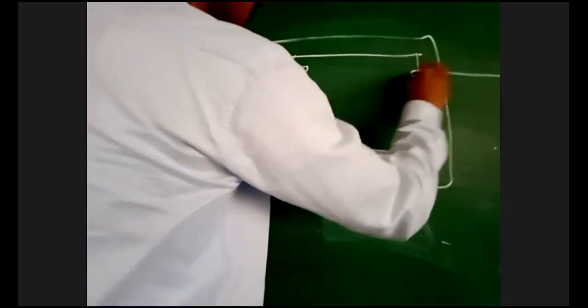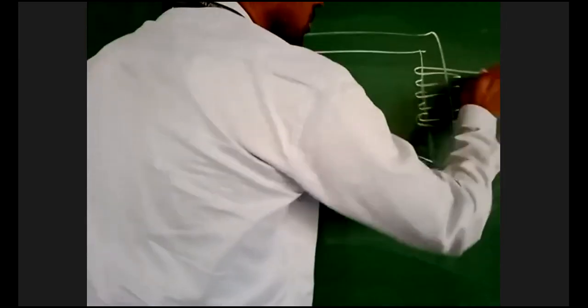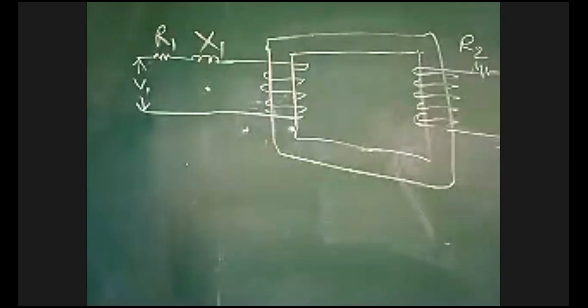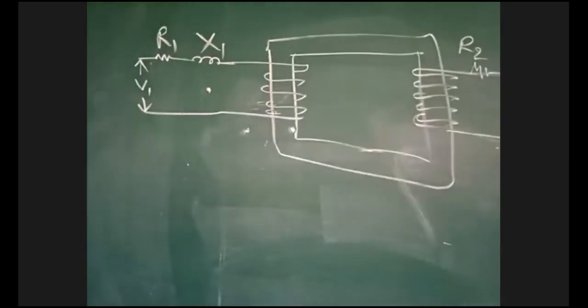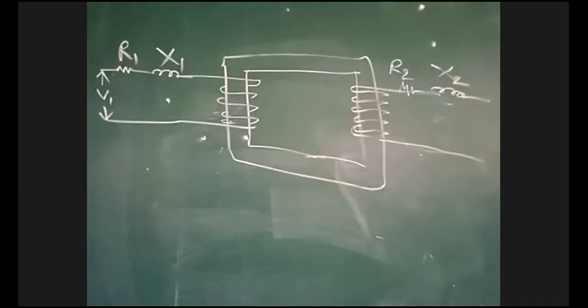Now I am taking the secondary winding here. R2 and X2 are the resistance and reactance of secondary winding.